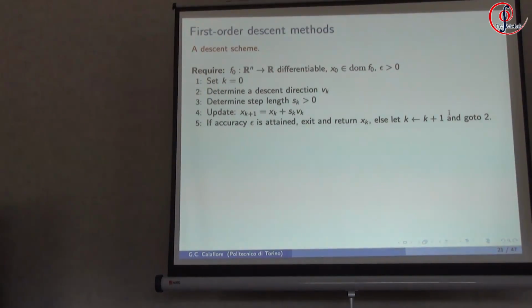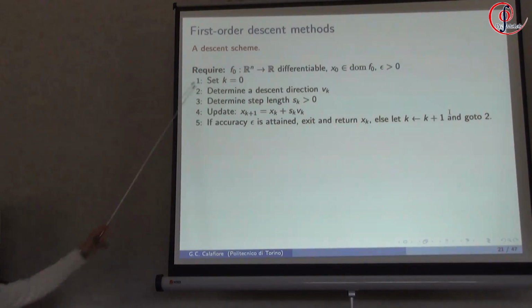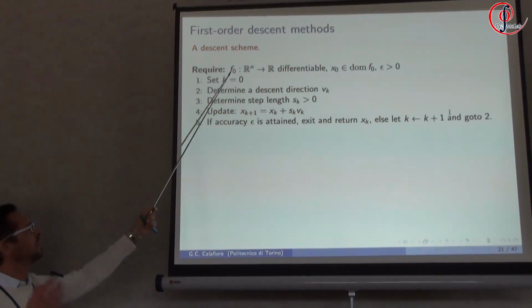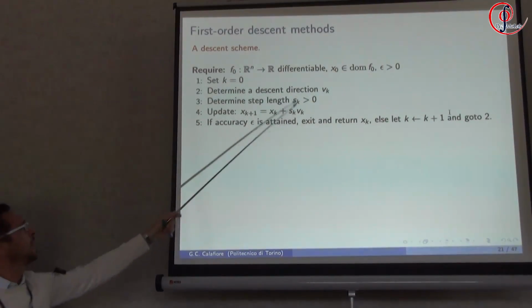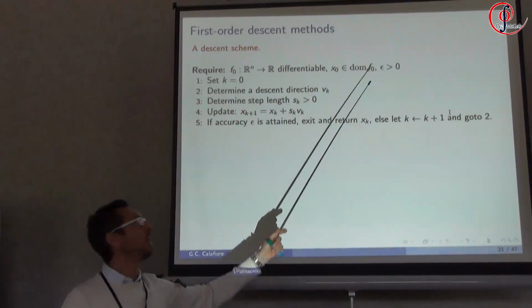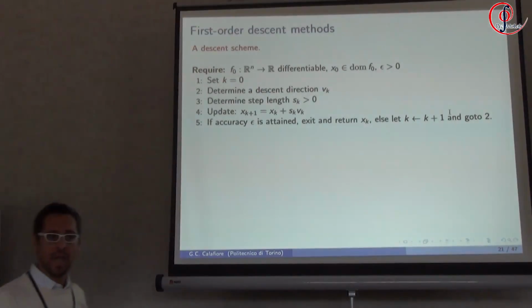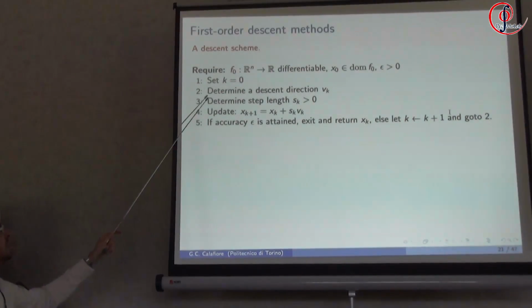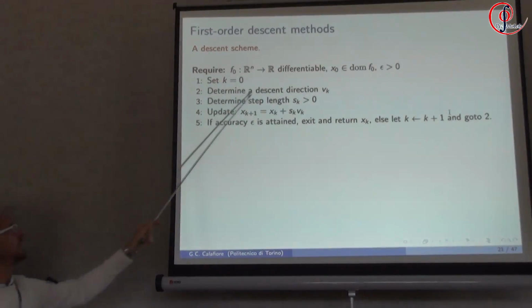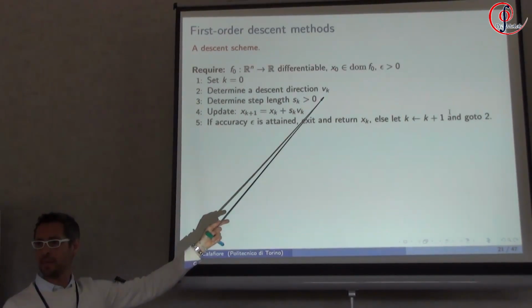So this is a schematic form of a first order descent method. We are given f0, which is a function that we want to minimize. We are given an initial point in the domain and possibly some exit tolerance epsilon. And what we do is, at each step, we determine a descent direction vk.